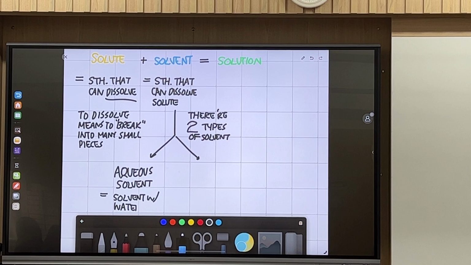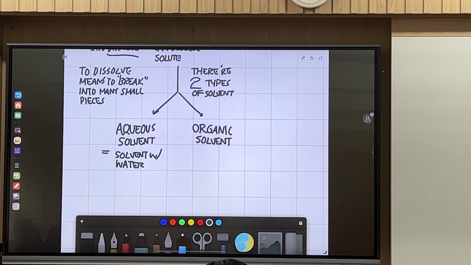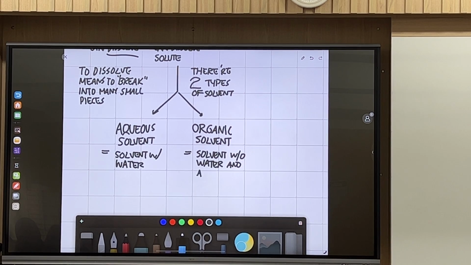And then we have something called the organic solvent. And when you look at the worksheets I gave you, you see an example of organic solvent, trichloromethane, okay? So usually organic solvents are solvents without water, and are carbon-based, meaning they contain carbon.